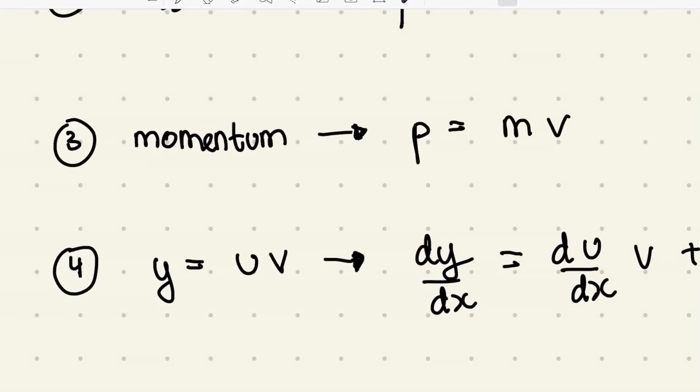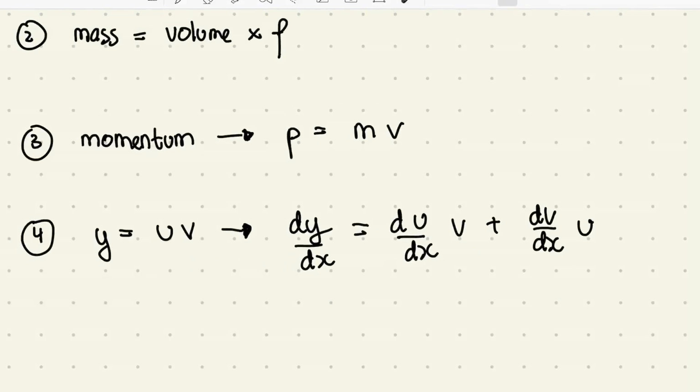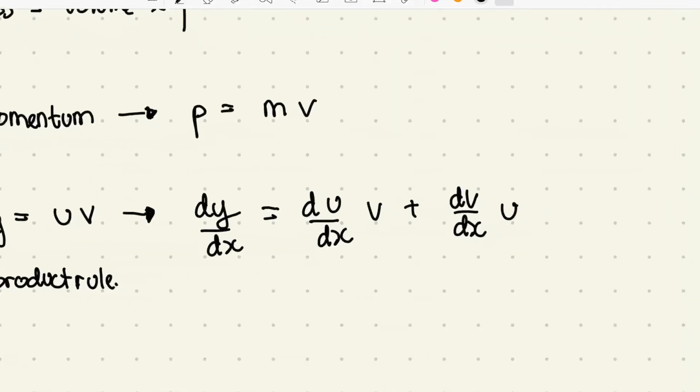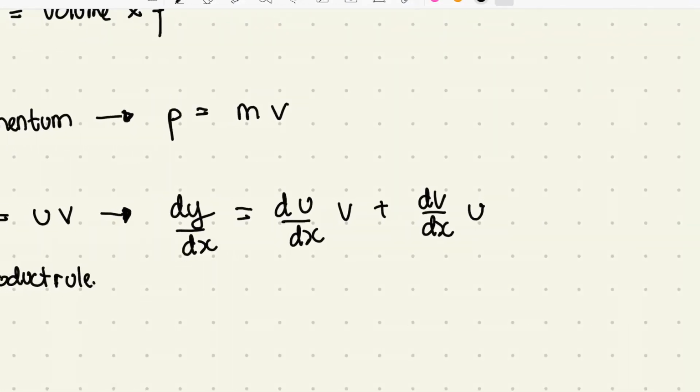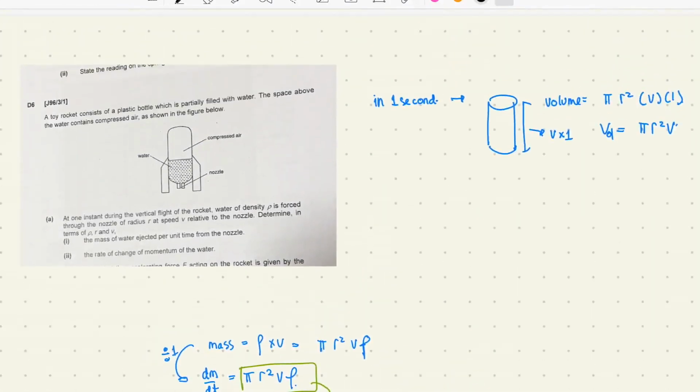Momentum, the symbol is P, and the formula is mass times velocity. And number 4, we need to use a little bit of differentiation. This is called the product rule: if y equals u times v, then dy/dx equals du/dx times v plus dv/dx times u. We need to use that later.